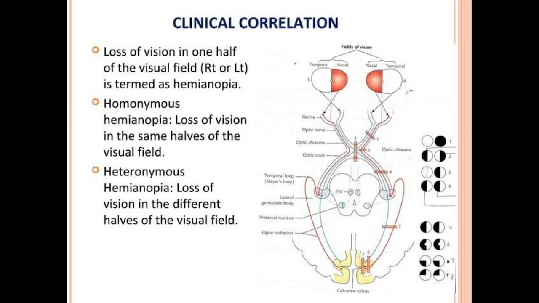Clinical correlation. Hemianopia is a clinical term used to describe the loss of one half of the visual field. It is usually caused by brain damage and can result in a loss of vision in the right or left half of the visual field.